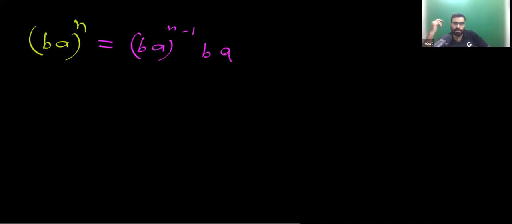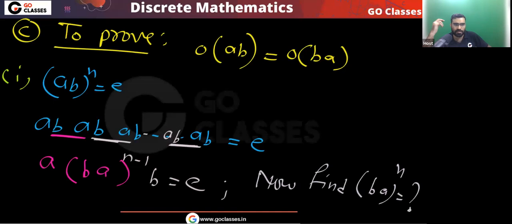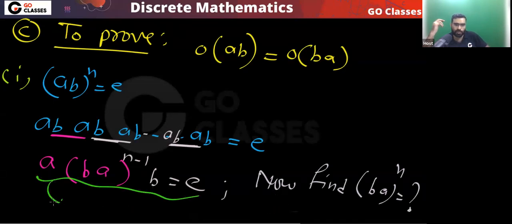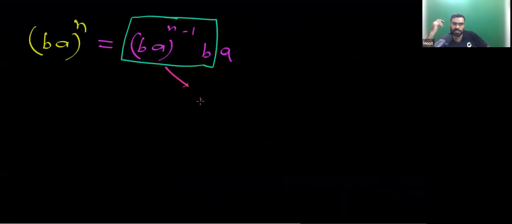Now you tell me what is this one? (BA) power n minus 1 B. From here, what can you say? What is (BA) power n minus 1 B? That will be A inverse. So you can see this is A inverse.